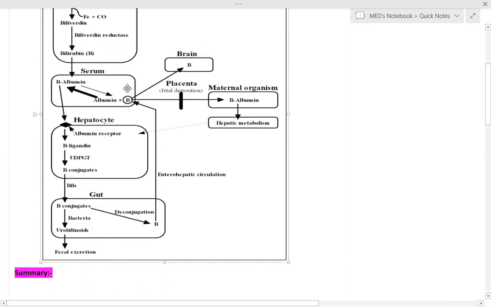Whereas in a neonate, the unconjugated bilirubin crosses through the placenta and moves to the maternal blood circulation. There, the liver will metabolize this unconjugated bilirubin into conjugated bilirubin with the help of an enzyme called UDP glucuronyl transferase. Please remember this enzyme. It's really, really very, very important.